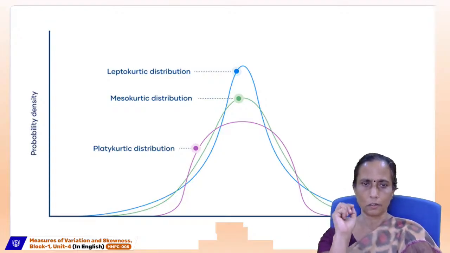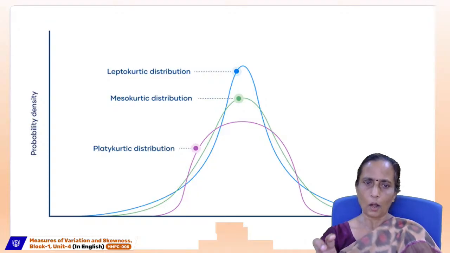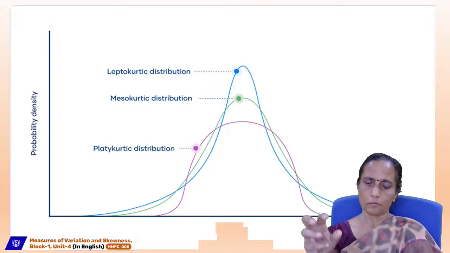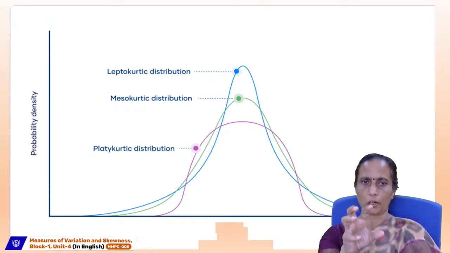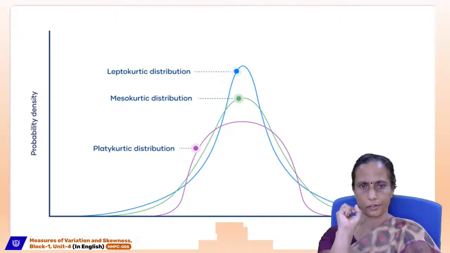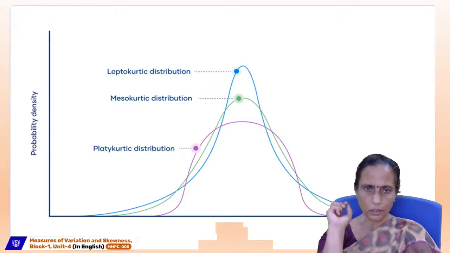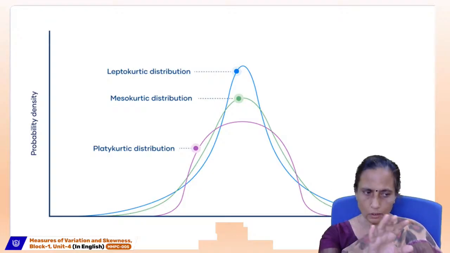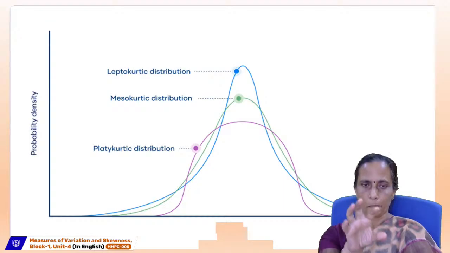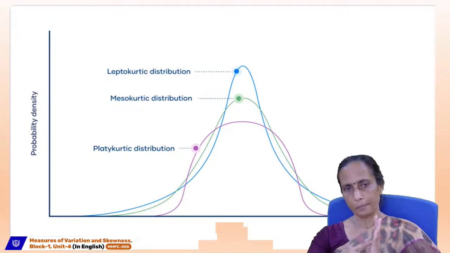In such situations, we require other measures, like the measures of variation, which tell how your distribution is varying, that is, what the variation in your data set is. For that, we have several measures of variation, and we have discussed certain absolute measures and certain relative measures.